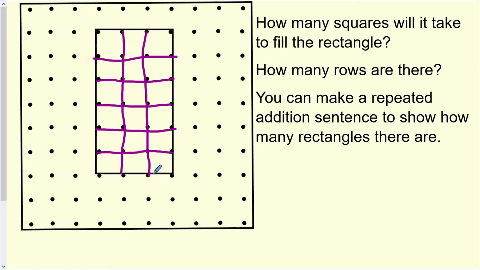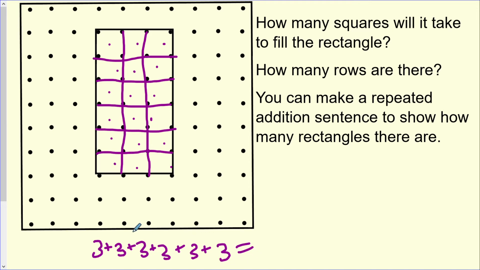I have 6 rows. We're going to make a repeated addition sentence that will tell us how many squares there are in all. So I'm going to take the number in each row. How many are in this row? 1, 2, 3. So that's 3 for the first row, 3 for the second row, 3 for the third row. So I've done all of these so far. Now I have 3 for the fourth row, 3 for the fifth row, 3 for the sixth row.